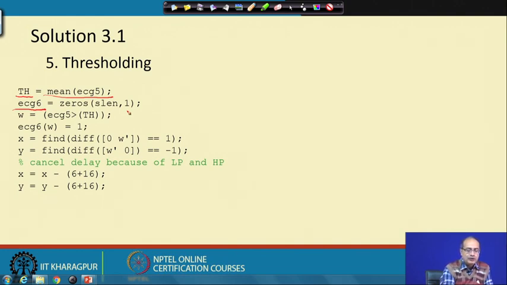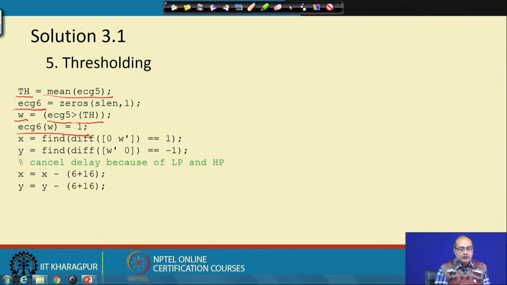Next, what we do is take out a vector, the index W, for which the indices of ECG 5, that is the posts, are greater than the threshold value. Okay. And that we note here, and this index is used here to write the signal 1.